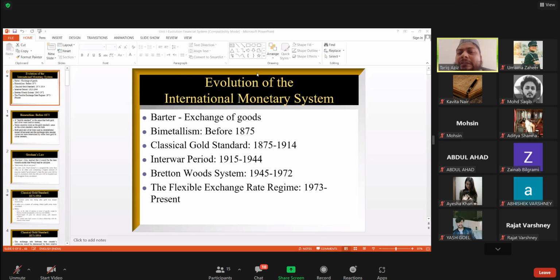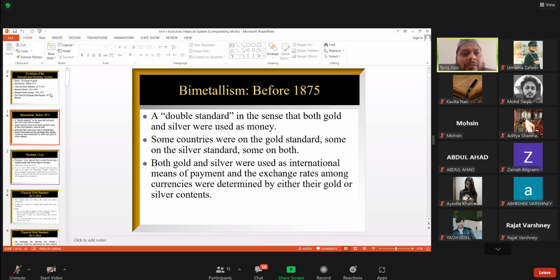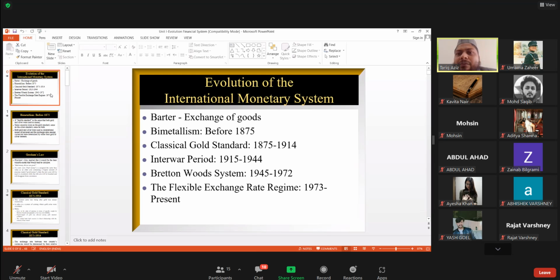Some governments intervene a lot, some intervene less. So there are different shades of this flexible exchange rate regime that is prevalent since 1970. The same thing we will continue talking about in the next classes also. This was the overview of the evolution of the international monetary system.